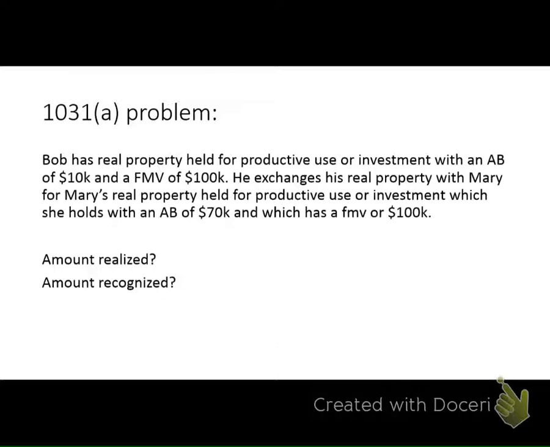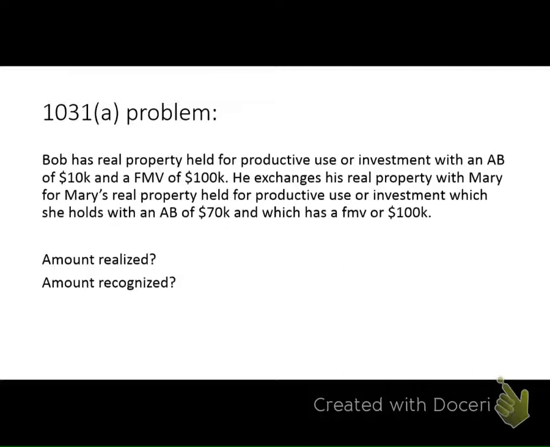Bob will have an adjusted basis in Mary's property of $10,000. Mary will have an adjusted basis in Bob's property of $70,000. So they're switching properties, but they're retaining their original basis in the property.